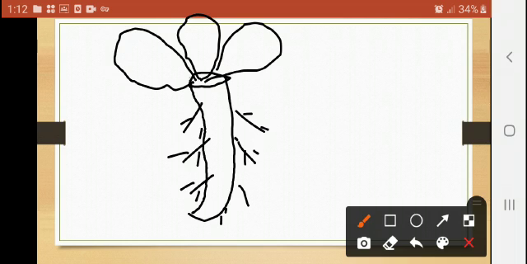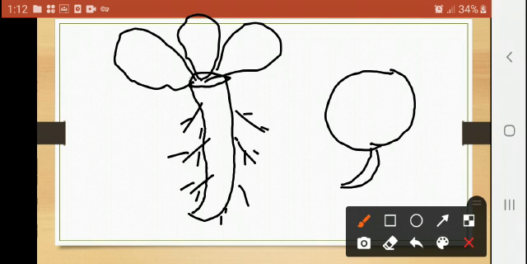You can also draw the turnip or beet. These are some examples of the taproots.